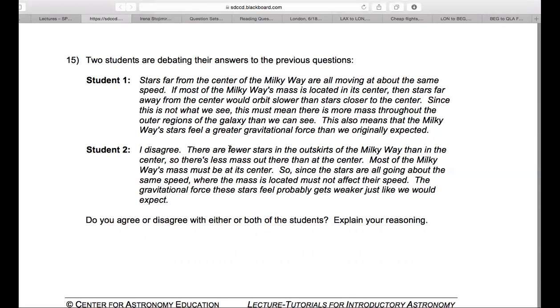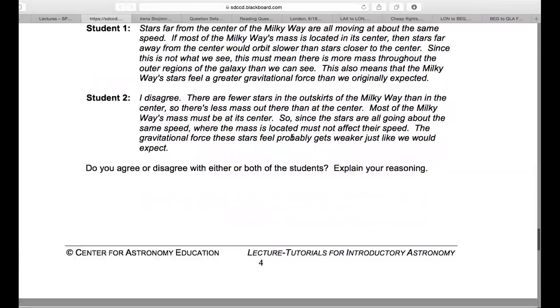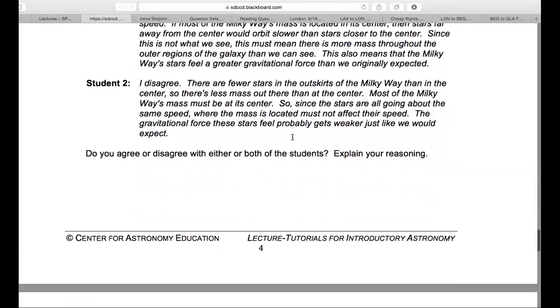Oh, automatically student 1 wins. Yeah, I know. Student 2 is just talking unrelated sentences, right? Okay, good. Raoushda, you agree? Yes, I had the same. Okay, good. So student 1 summarizes nicely what this worksheet is about. Write that down.